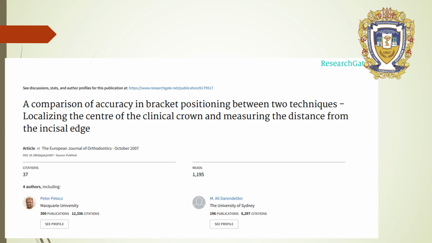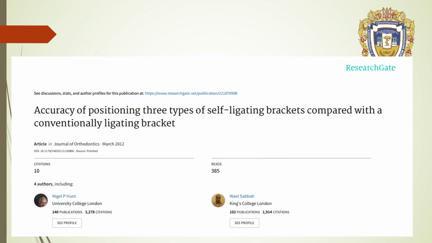And next article, a comparison of accuracy in bracket positioning between two techniques, localizing the center of the clinical crown and measuring the distance from the incisal edge. Third article, accuracy of positioning of 3 types of self-ligating brackets compared with conventionally ligating brackets.